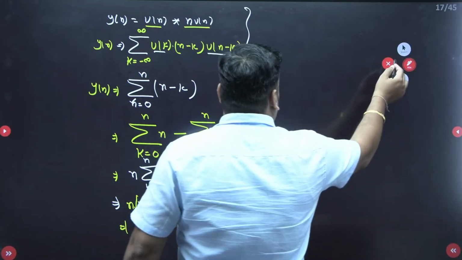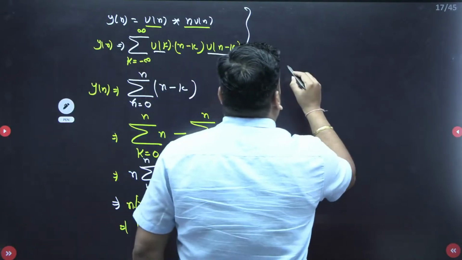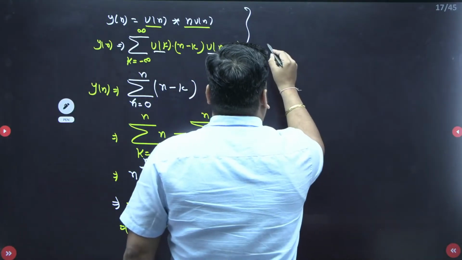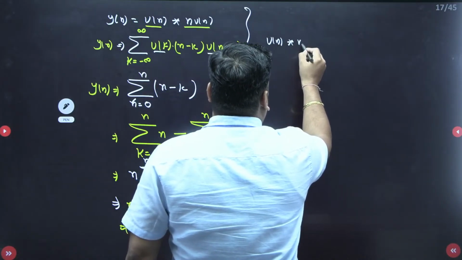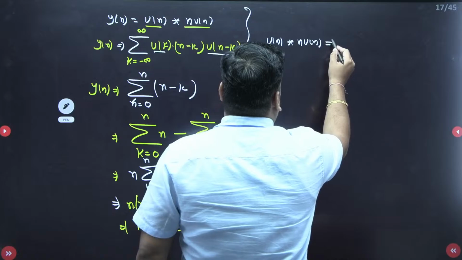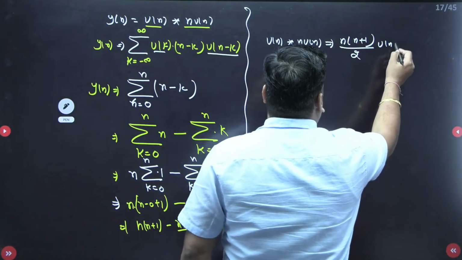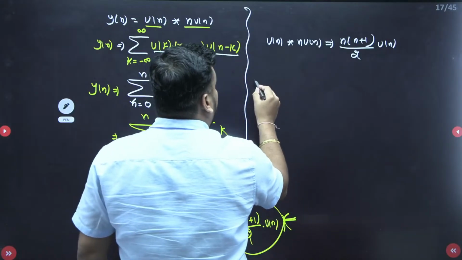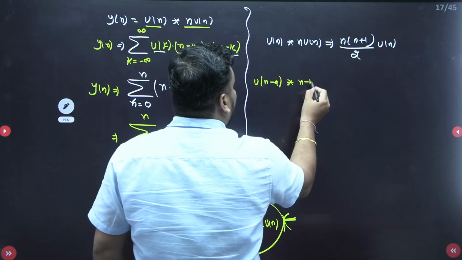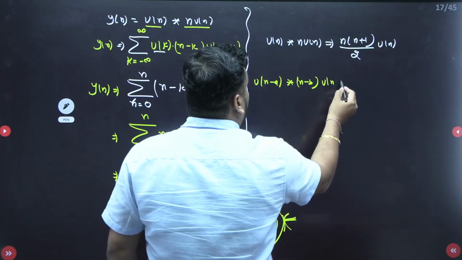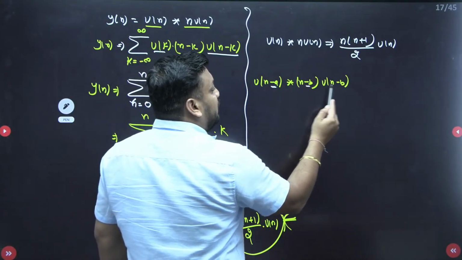So what is the note for us in future? In future we have to remember this: if u of n is convolved with u of n, then the result will be n into n plus 1 upon 2 into u of n. If I provide shifting, suppose u of n minus a convolved with u of n minus b, you can check here that one shift is a and one is with respect to b.